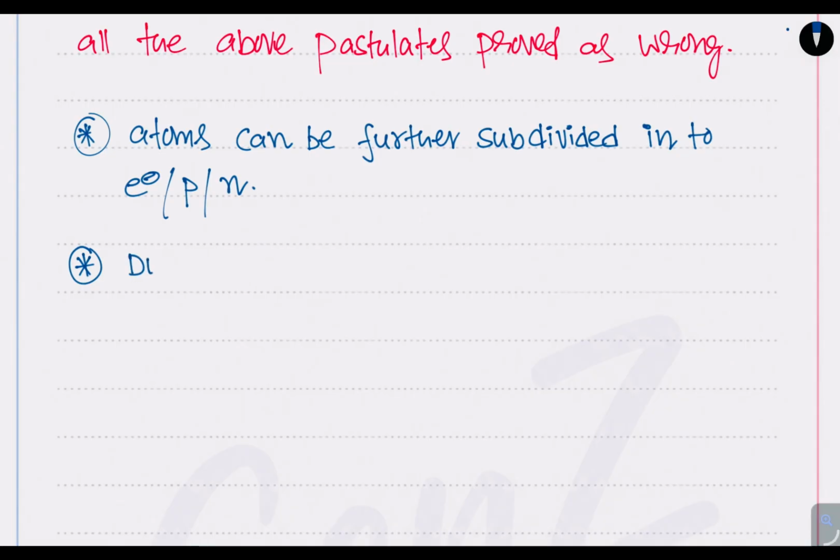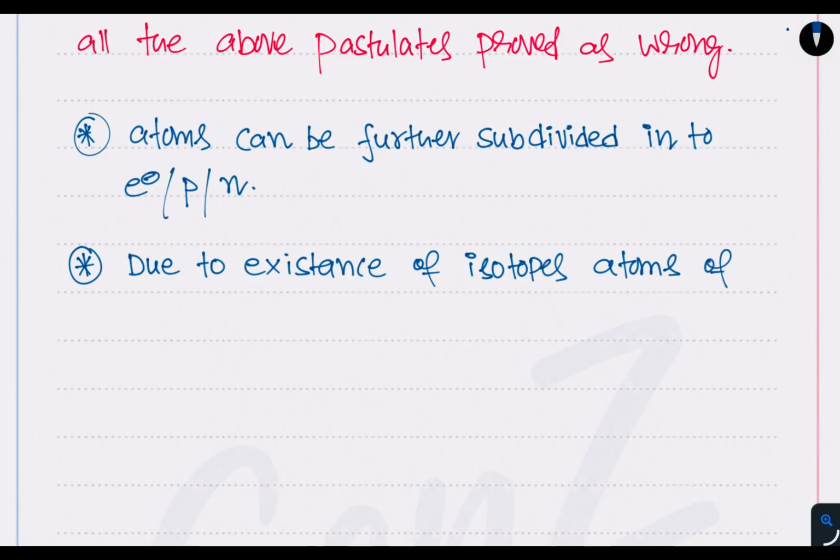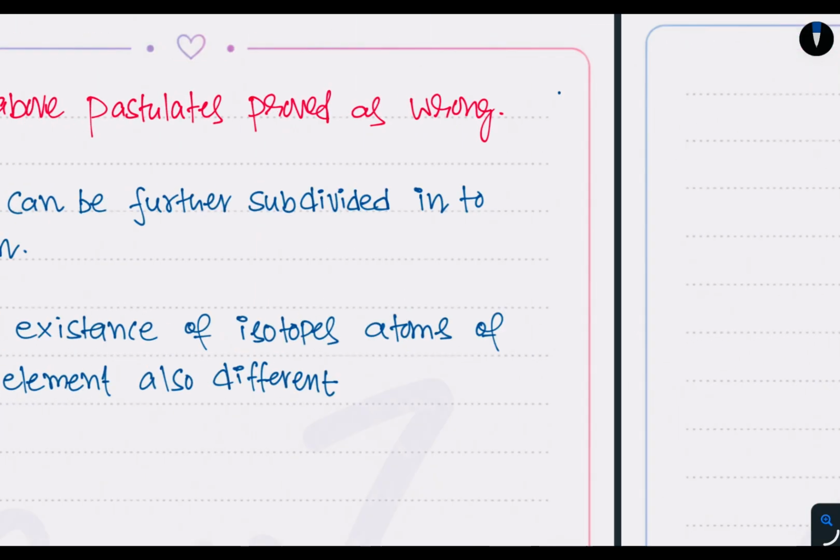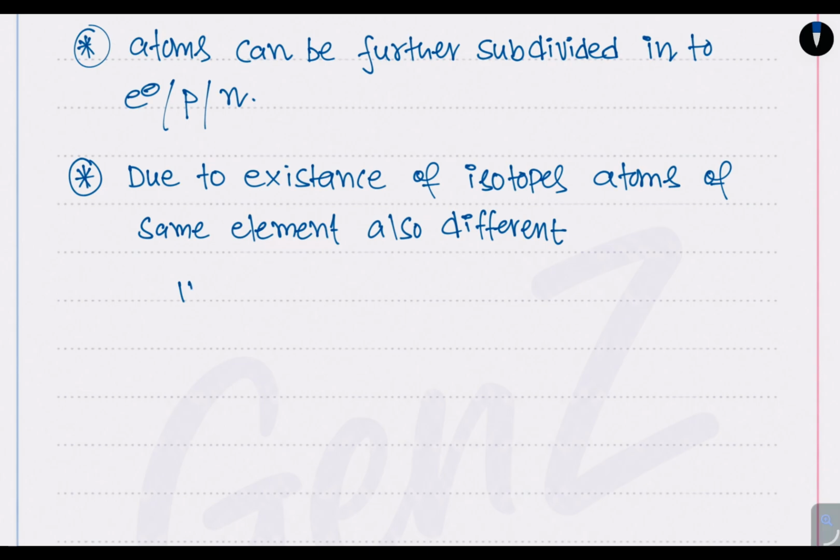For example, hydrogen exists as three isotopes: protium, deuterium, and tritium.